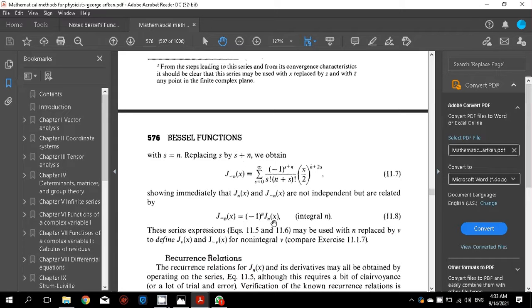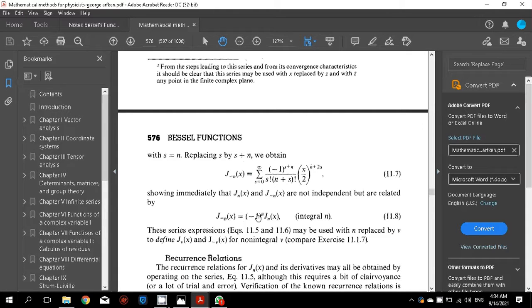You can prove this property by putting n equal to minus n into the Bessel's function of the first kind and going through the steps shown here or in my notes, and you will reach this property, which is a very, very useful property again. So that you can say is the second property.